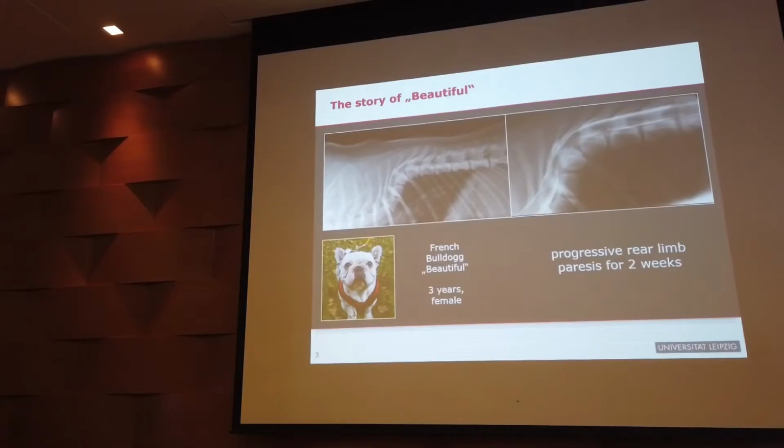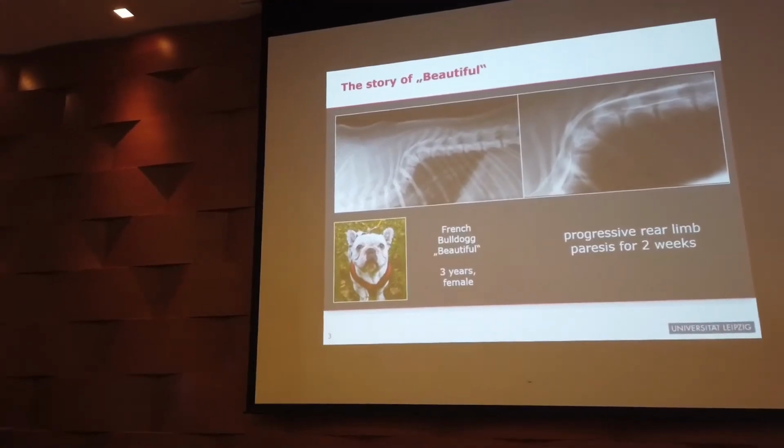And to highlight the importance, I would like to introduce you to Beautiful, a 3-year-old French bulldog that was referred to us with that X-ray, and you can already see the significant malformation of the thoracic spine.